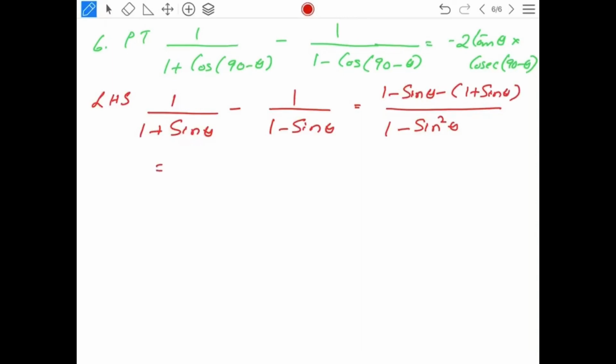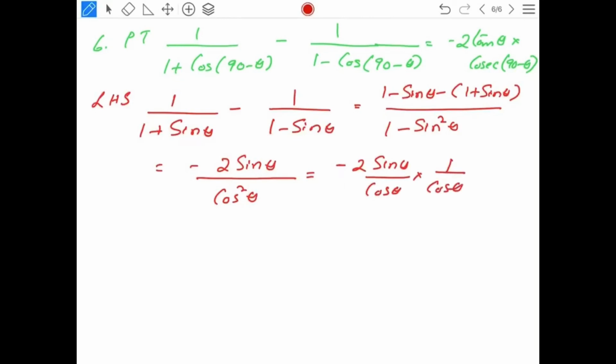So this is minus 2 sin theta by cos squared theta. 1 minus sin squared theta is cos squared theta. So minus 2 sin theta by cos theta into 1 by cos theta. Cos squared theta we have split and written as cos theta and cos theta.